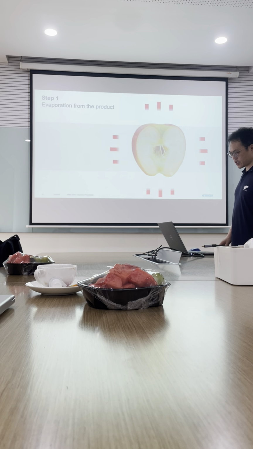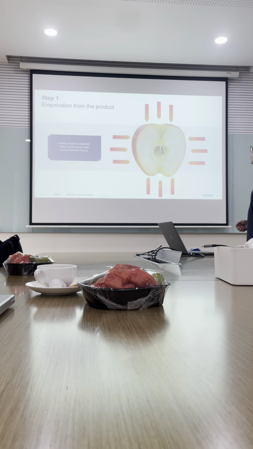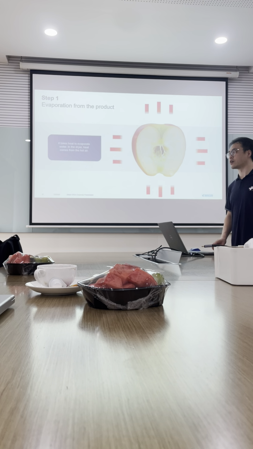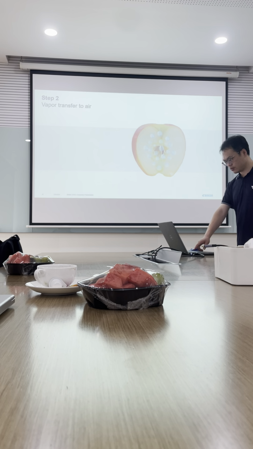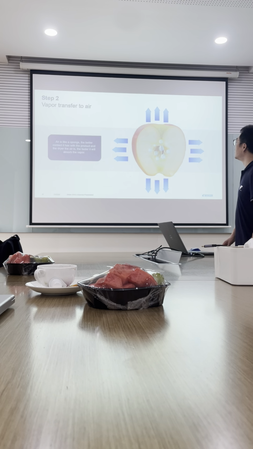In step 1, it takes heat to evaporate the water, and in a dryer, the heat comes from the air. In step 2, you can imagine the air like a sponge. If it has better contact with the product and the air is drier, the evaporation rate will be fast.